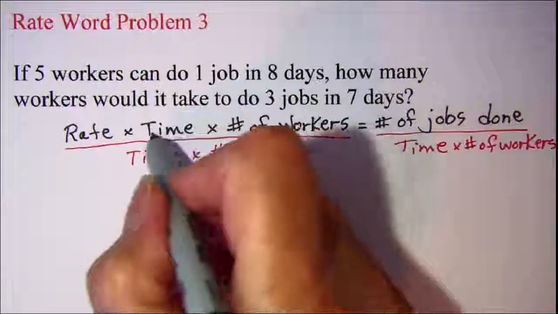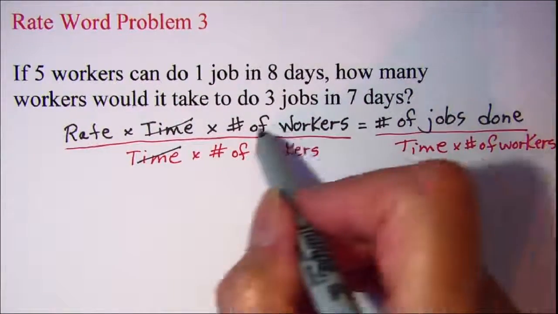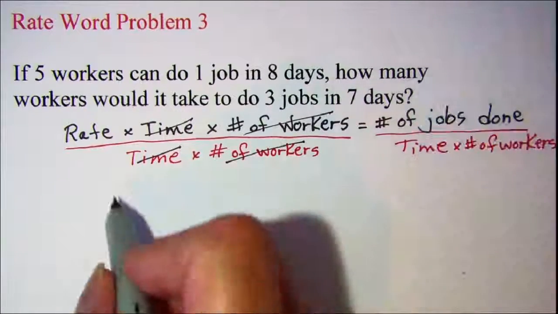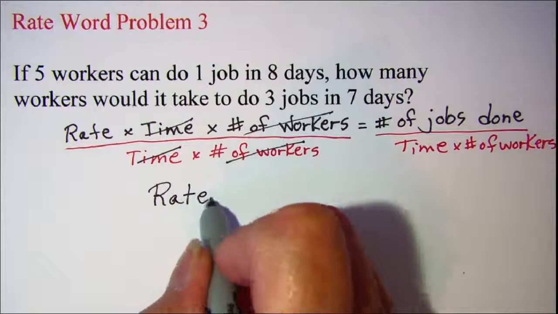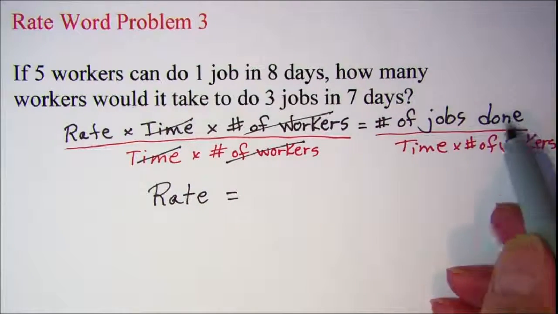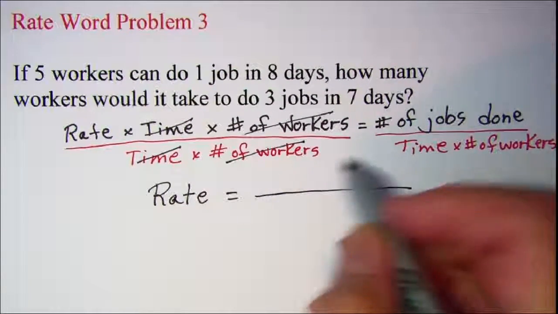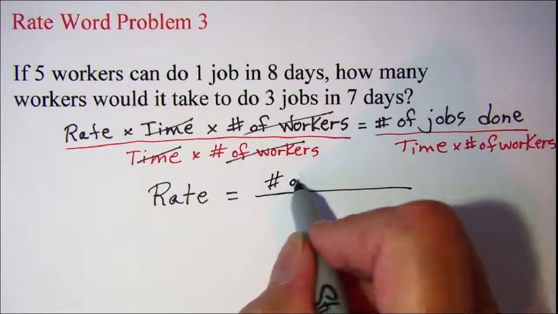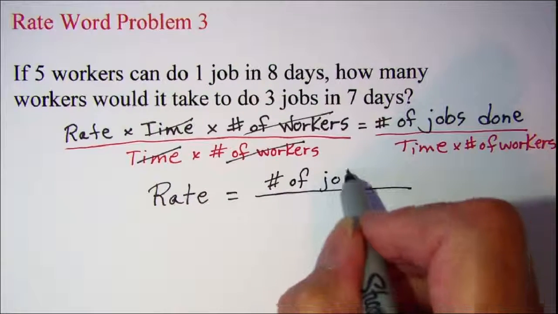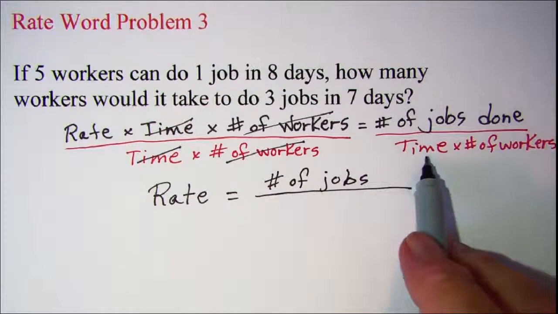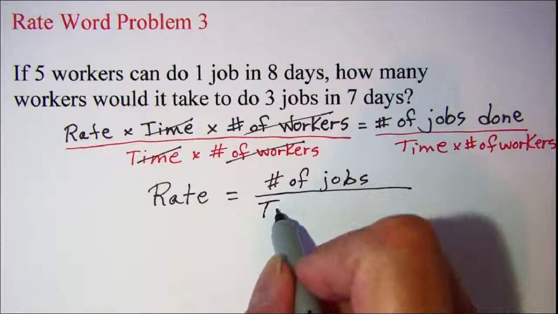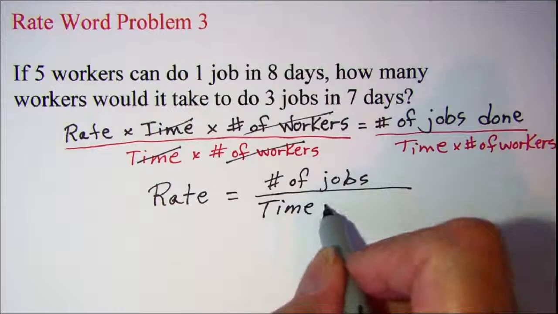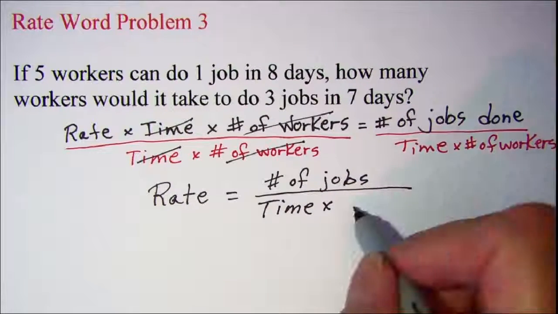So now time cancels here and number of workers cancel here. And we have rate is equal to the number of jobs done, that goes in the numerator, and then in the denominator we multiply the time with the number of workers.